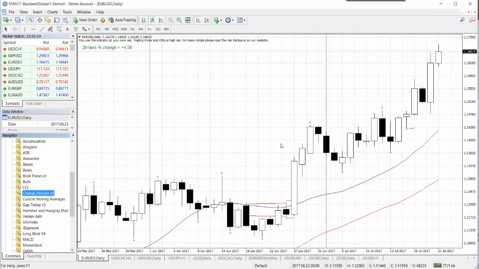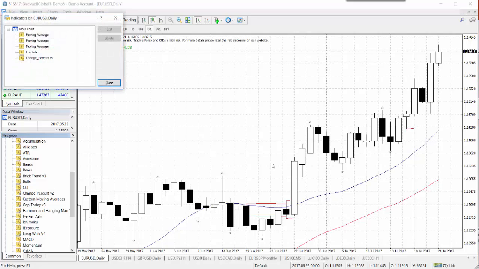Okay, brilliant. Could I ask one general question that probably applies to all indicators? If I want to change any of the settings, could you give us an idea on how to do that? I think Control I brings up a menu of the indicators attached to the chart, and there we go. So Control I, or you can change most things in MetaTrader 4 by right-clicking on a particular chart.